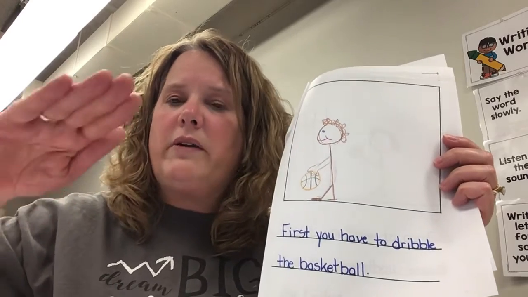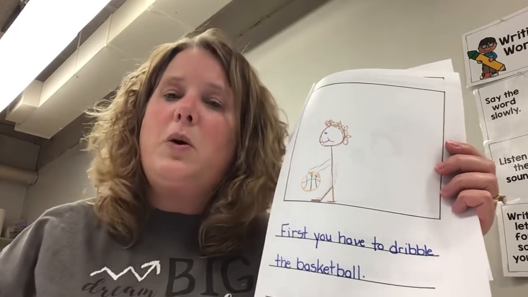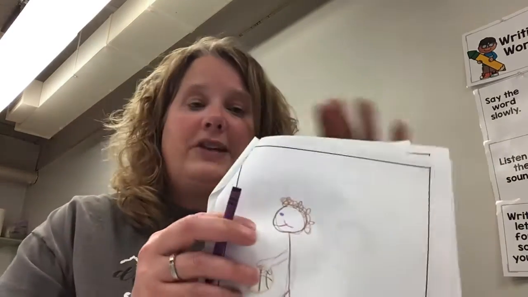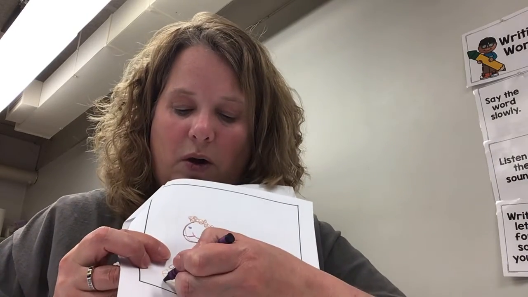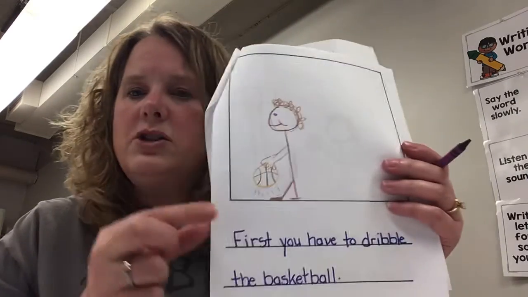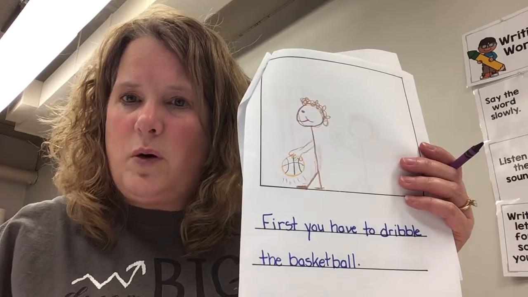They might not realize that that means the ball is having to go up and down. So I could add some action lines to my picture. And this is how I would do that. I would just make my lines go down like this to show the basketball going down and hitting the floor.